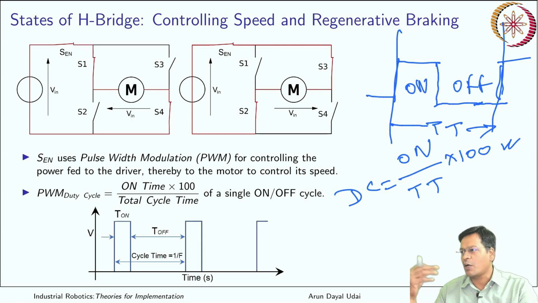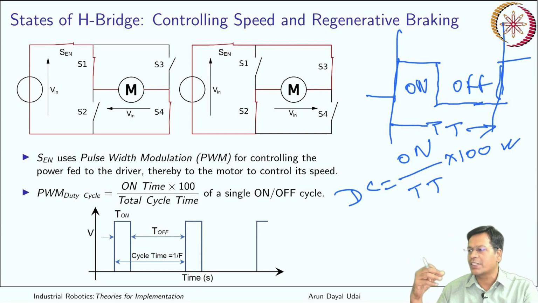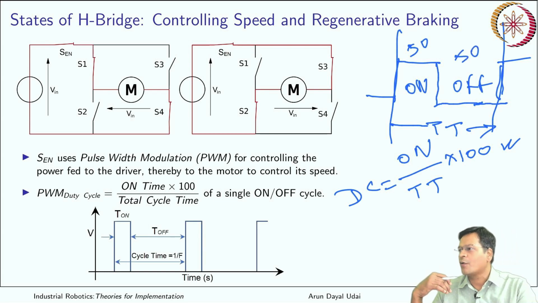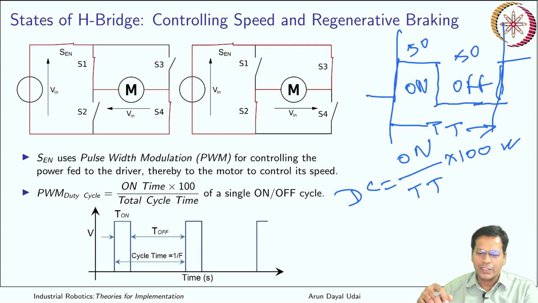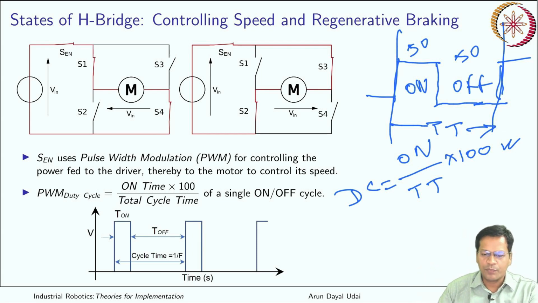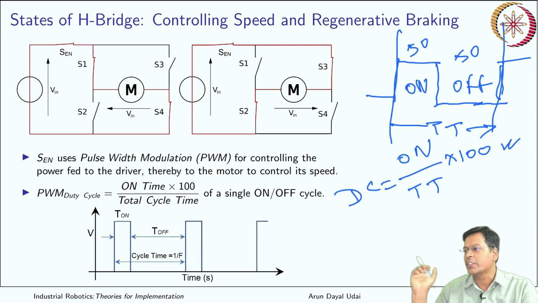The percentage is from 0 to 100%. If I say 0% on time, that means it is off forever, and in that case the motor will stop. If it is 50% duty cycle, that means 50% of the time it is on and 50% of the time it is off. Got it? So that is how it is done. So this is known as a PWM waveform or pulse width modulation.